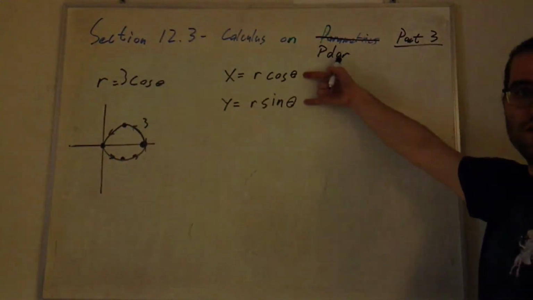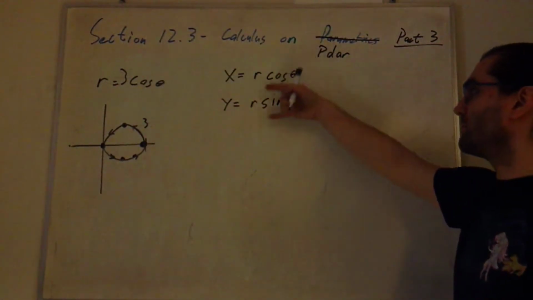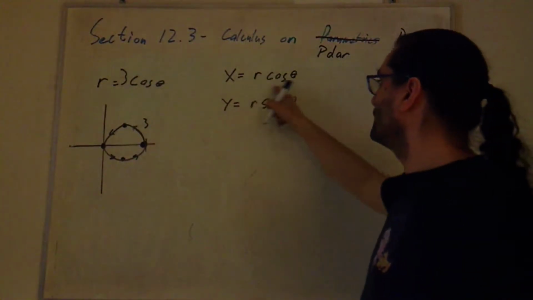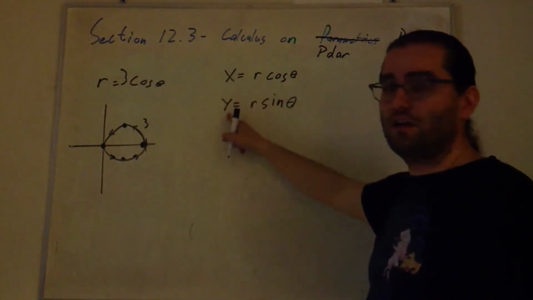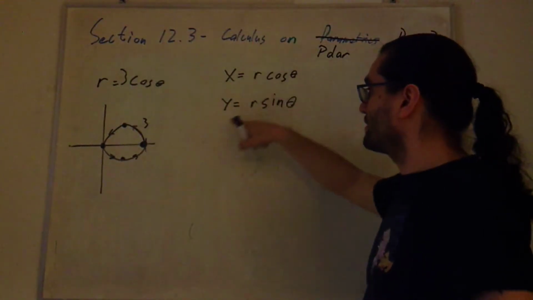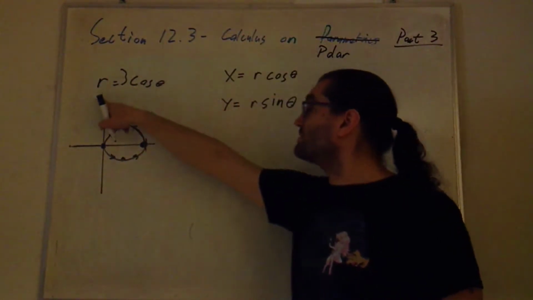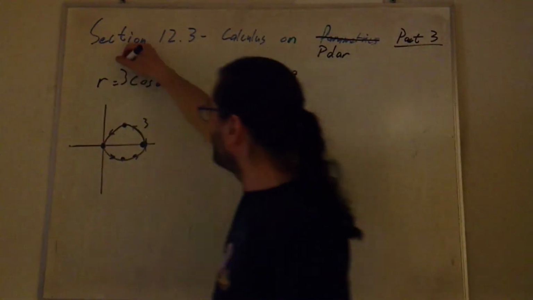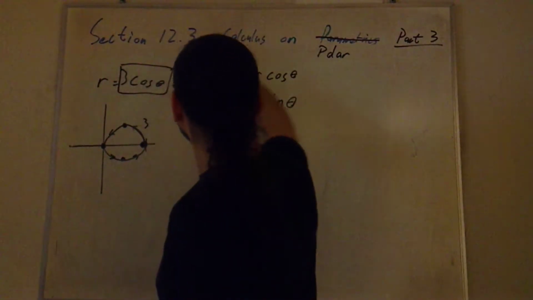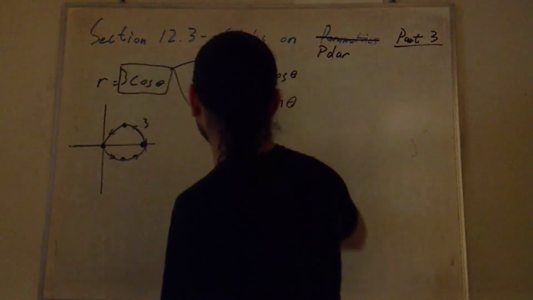These are our standard issue equations for transforming polar coordinates into x's and y's. So this is exactly what we're going to work with. I know what r is. I'm going to plug this r value into here and into here.